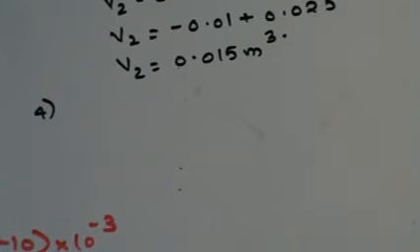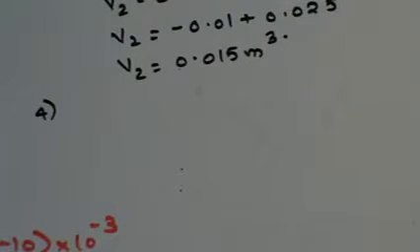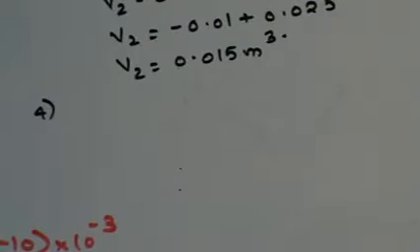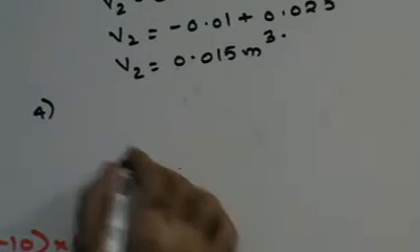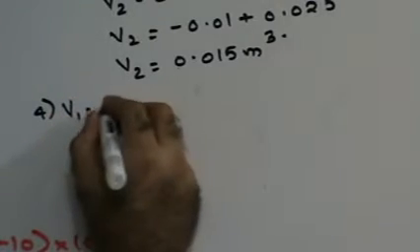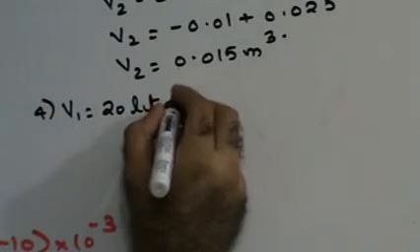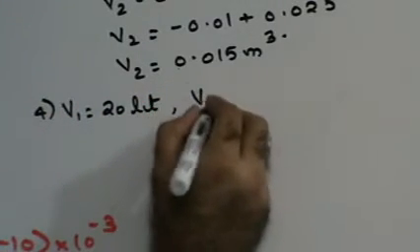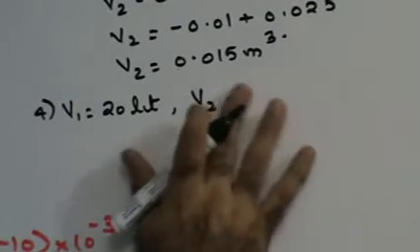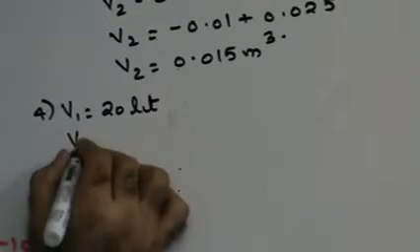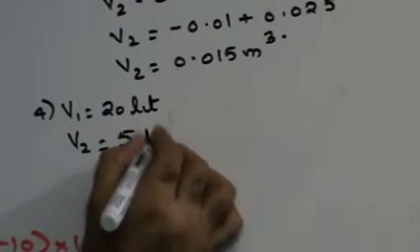An ideal gas is compressed from 20 liters to 5 liters.